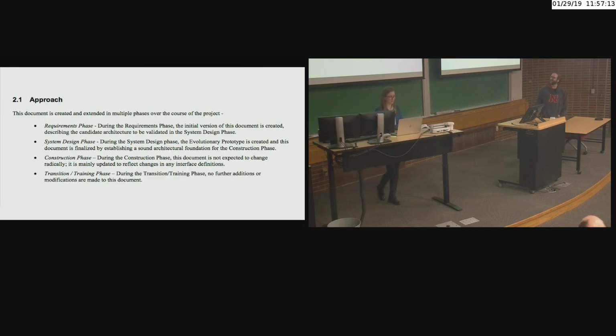Yeah, the first sentence tells you, so actually it tells you two things, right? It tells you what the document was created for. So it tells you the purpose of the overall thing, but it also tells you what exactly is going to come next. The document is created and extended in multiple phases over the course of the project.